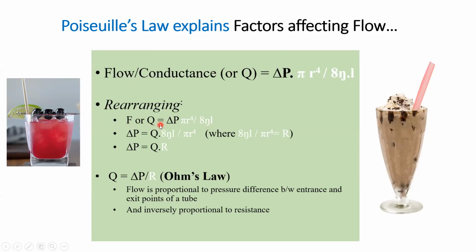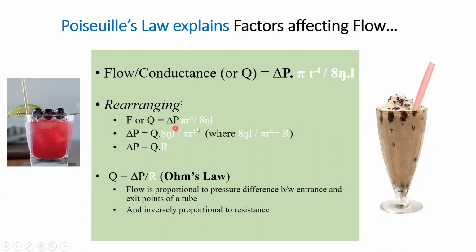You have rearranged it for delta P now. So this goes down here, this stays up, and this goes down here. Okay. So for delta P, it becomes like this. Flow goes over to the other side. You have the viscosity and the length up and over pi and R4.